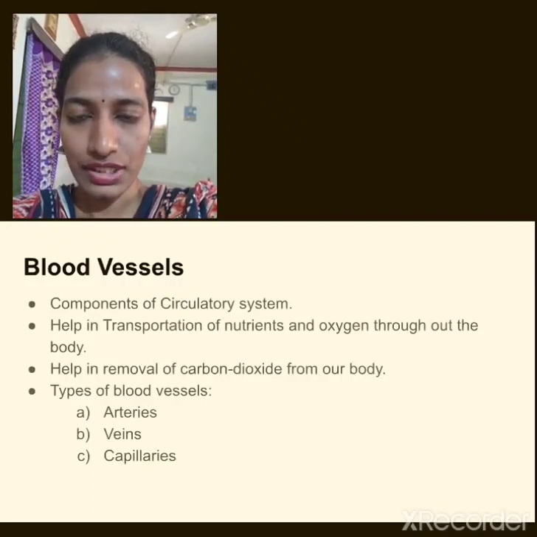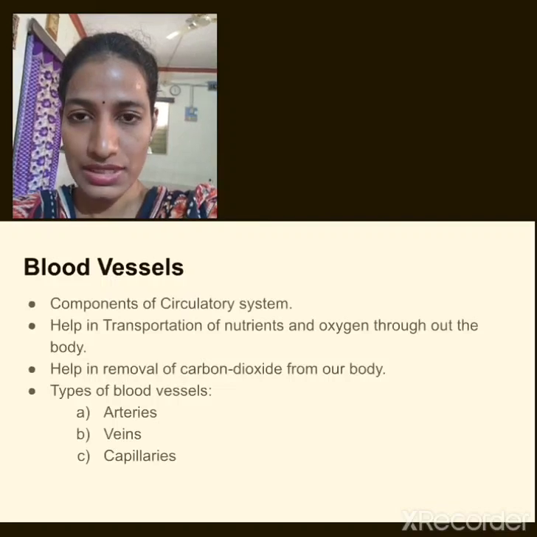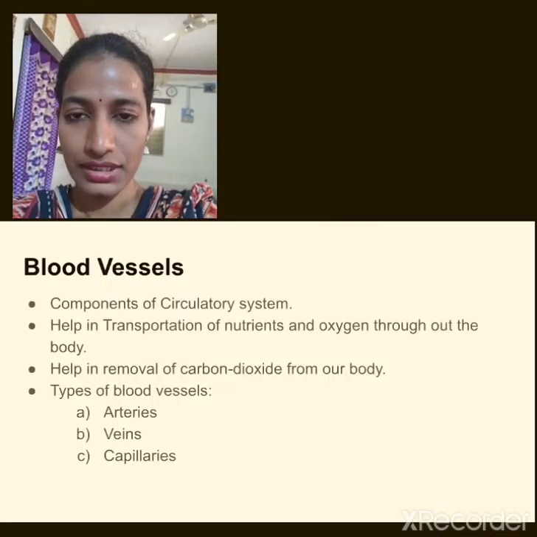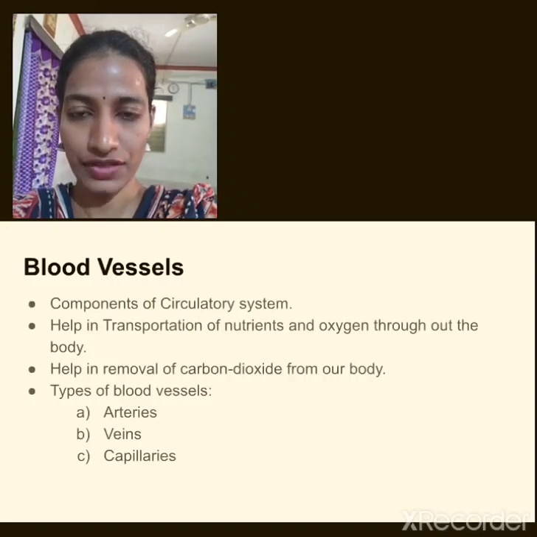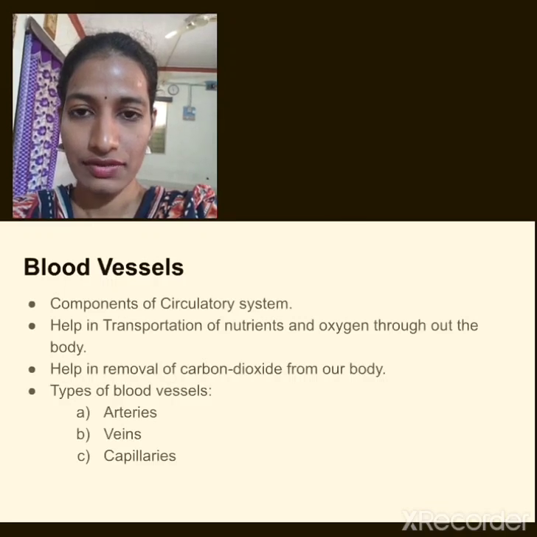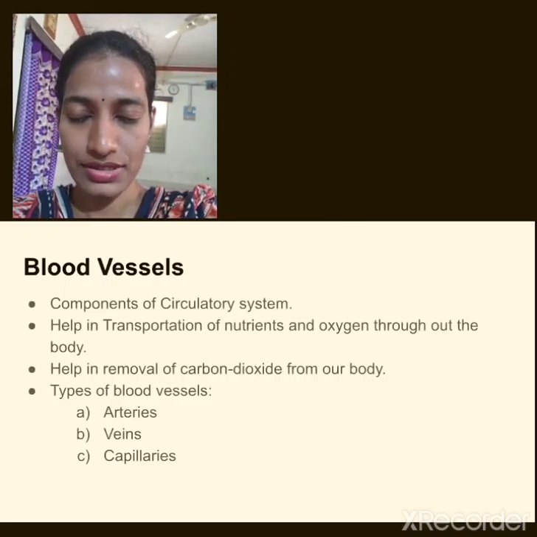They also help in the removal of carbon dioxide rich blood. Based upon the function, the blood vessels are differentiated into 3 types: arteries, veins and capillaries.